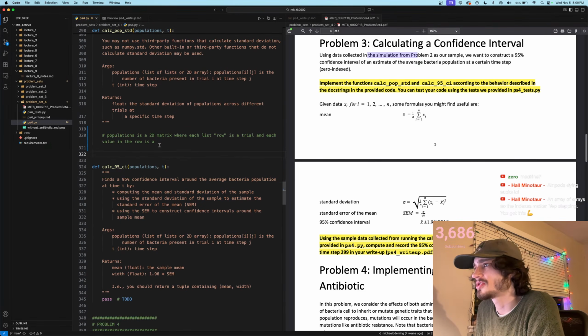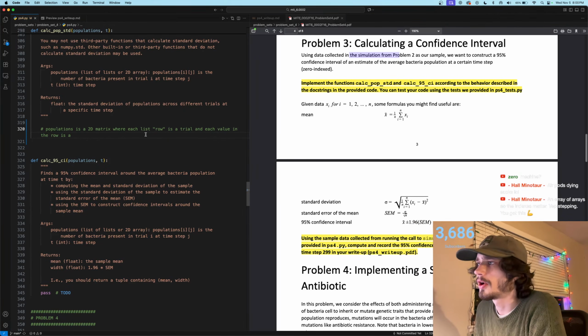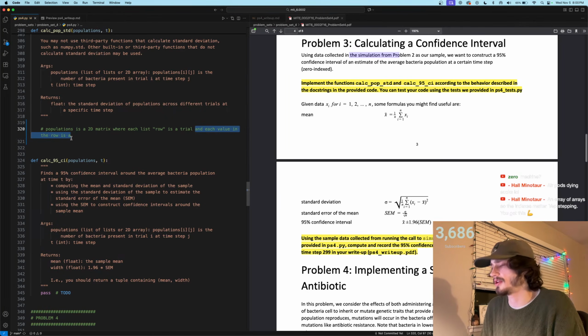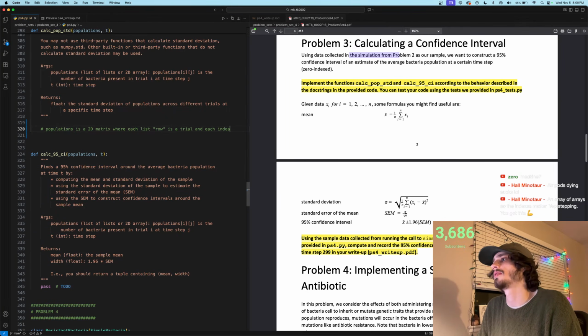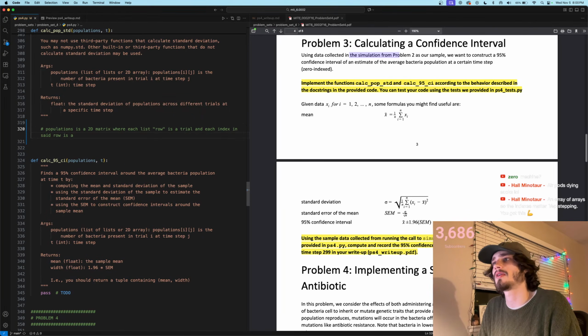Yeah, so the population is a 2D matrix where each list or row is a trial, and each index within said row, which is a column, is a time step.